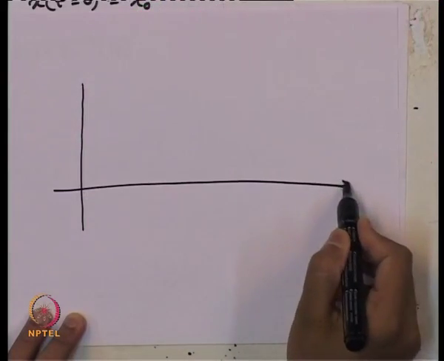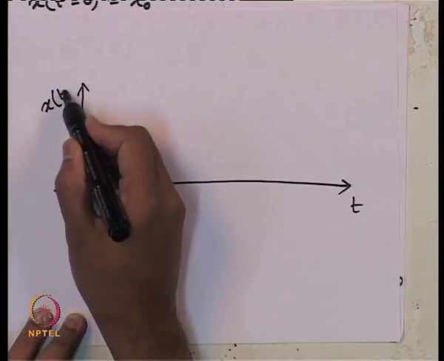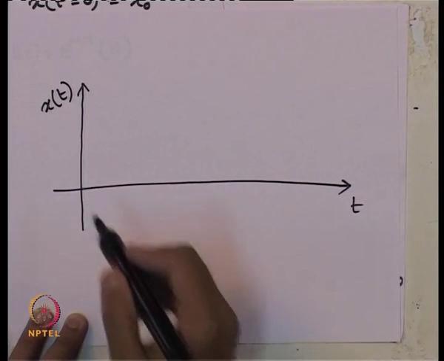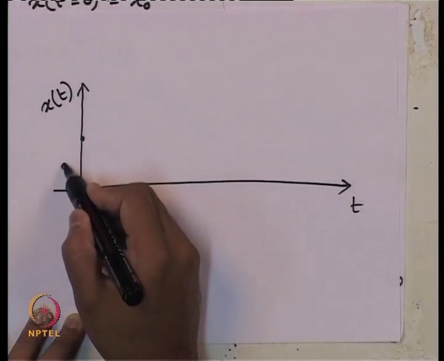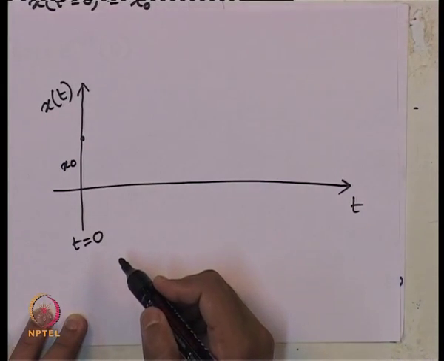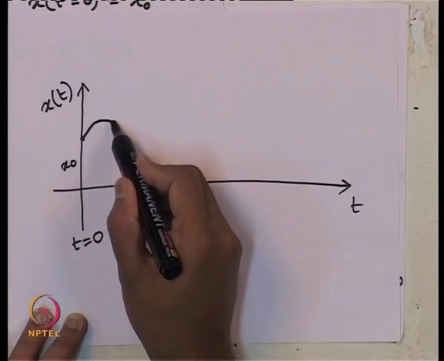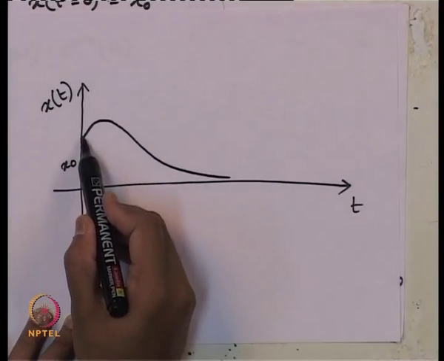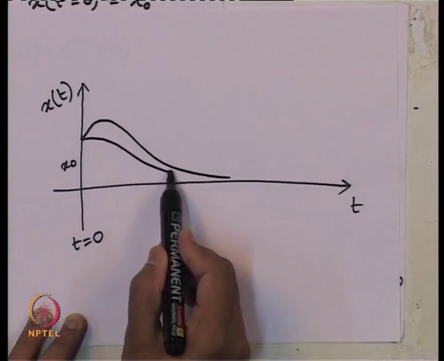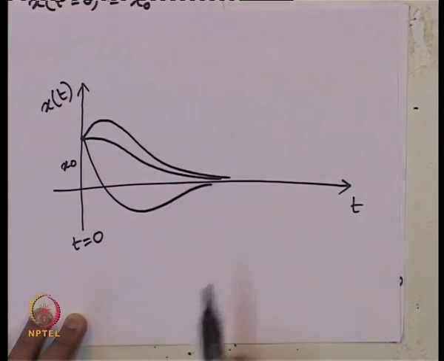So, the response will look like this with increase in t. If we want to plot x of t, it will start from some point here at t equals to 0, depending on its initial displacement x naught. It can be either like this, or it can be like this, or it can be like this.